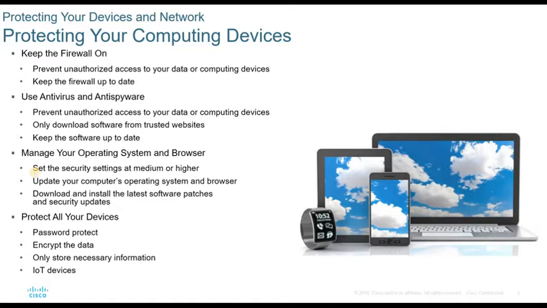In different browsers like Chrome and Edge, you can have simple security settings wherein you put it at a medium or higher sensitivity in terms of browsing or searching capability, in order to avoid suspicious websites that might compromise your system. Also, another best practice, same with antivirus and firewalls, is to always keep your OS and browser up to date.